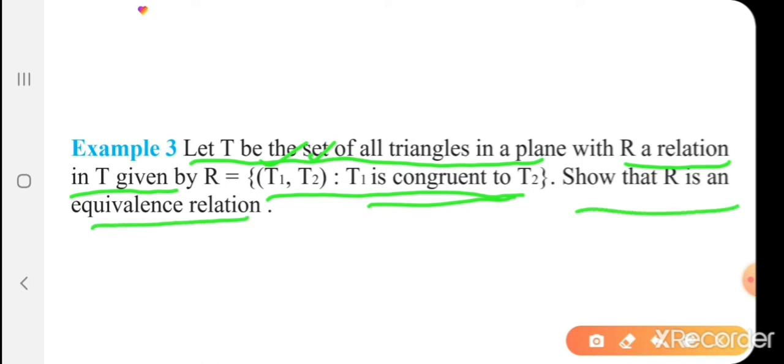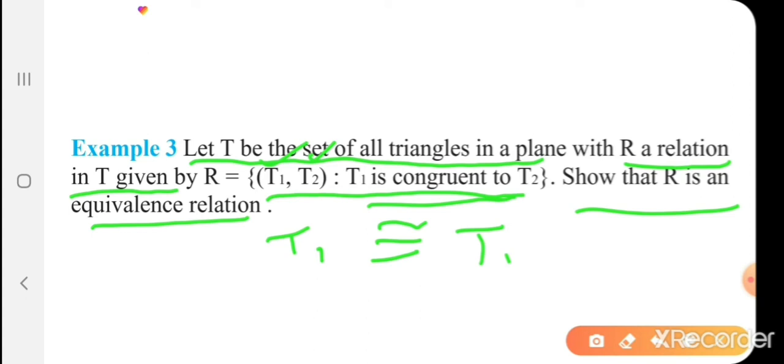This is very simple. You see here, T1 is related with triangle T1. If you take any triangle, it must be congruent to the same triangle. So it is clearly reflexive.